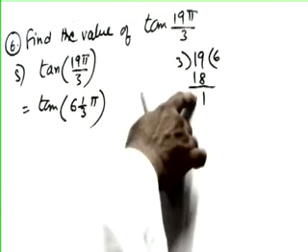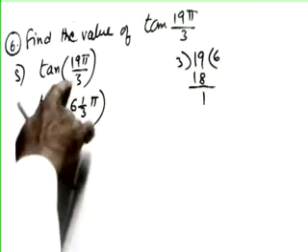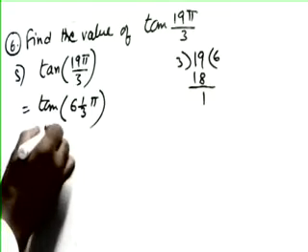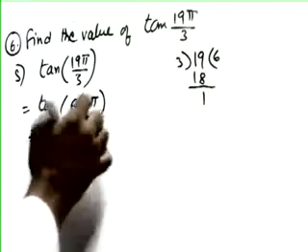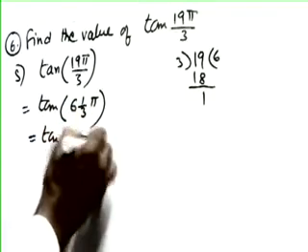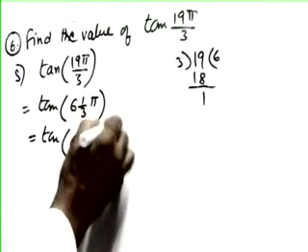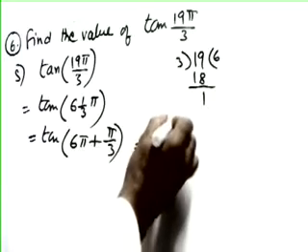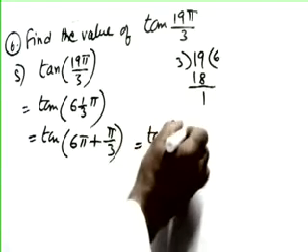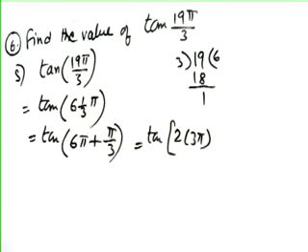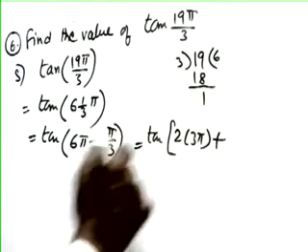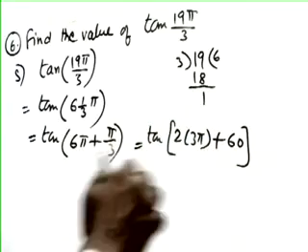One more way you see here: dividing 19 by 3, we get 6 and remainder 1, so we write this as the mixed fraction 6 1 by 3 pi. Watch carefully. Tan, we can write this as 6 pi plus 1 by 3 pi, that is pi by 3. Now tan 6 pi, we can write as 2 into 3 pi, plus pi by 3, meaning 180 by 3 is 60.